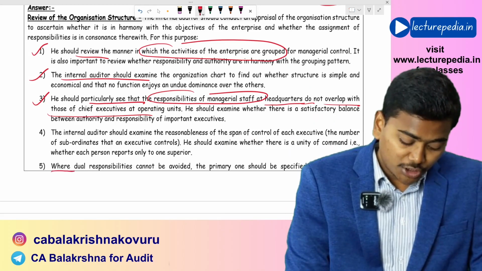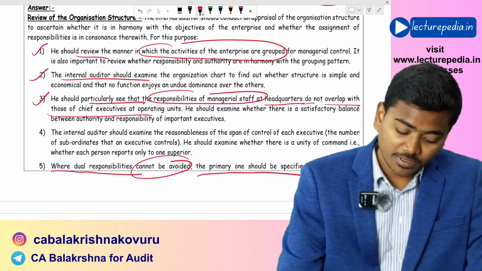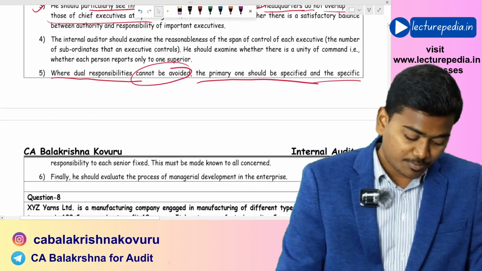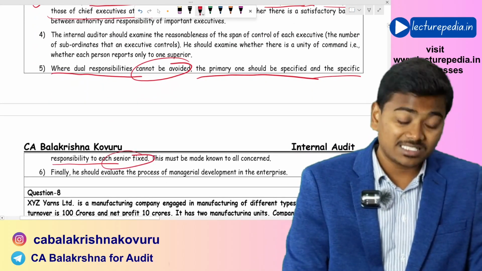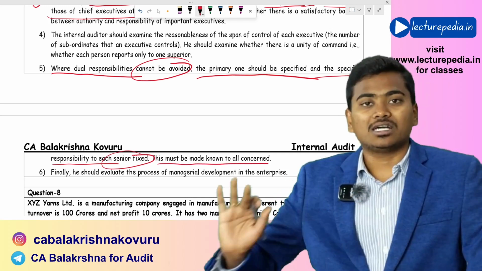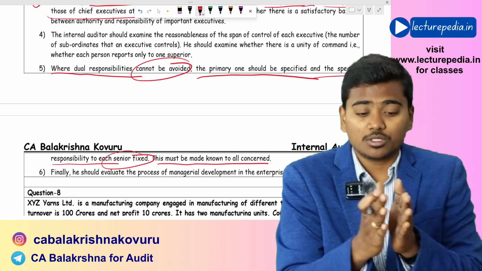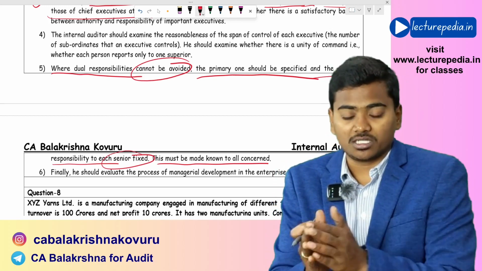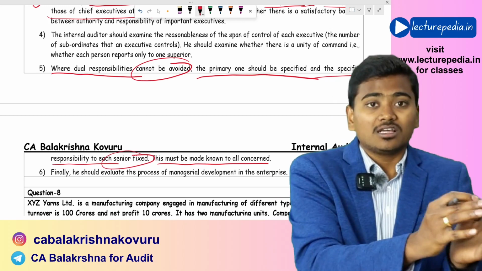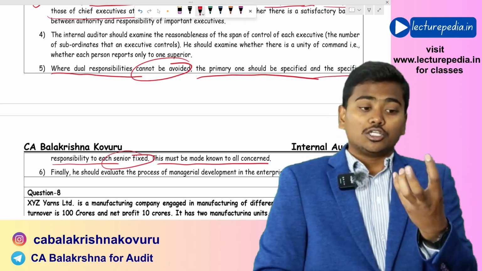Where dual responsibilities cannot be avoided, the primary one should be specified and the specific responsibility of each senior fixed. This must be made known to all concerned. You need to fix who has primary responsibility, who has secondary responsibility, and who is responsible for which type of action, in case there is any dual responsibility.